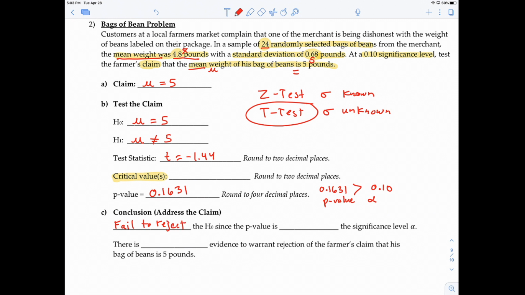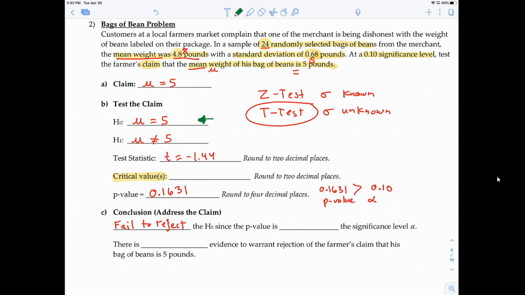Fail to reject is a weird way to phrase this, but we're not rejecting it, which means we're kind of siding with it, right? The evidence is kind of suggesting that we're not going to reject this.